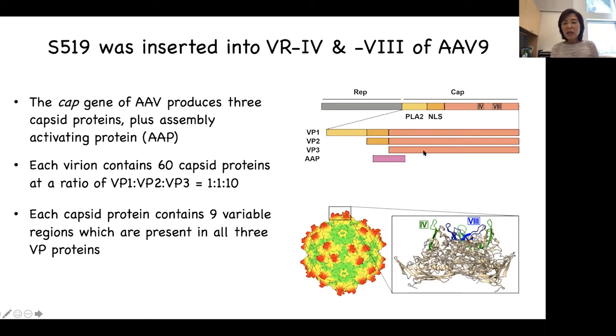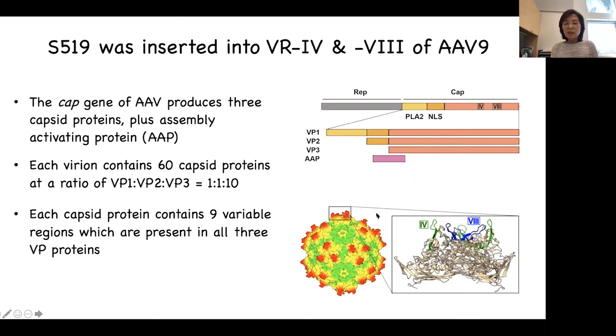All 3 VPs have 9 variable loops, 1 through 9. Because they are indistinguishable, if you insert something at variable loop 4, it is going to be in all capsid proteins. Another reason we chose loops 4 and 8 is that they were already shown to be amenable to manipulation.